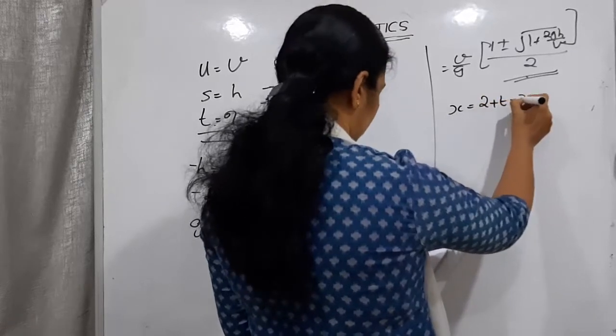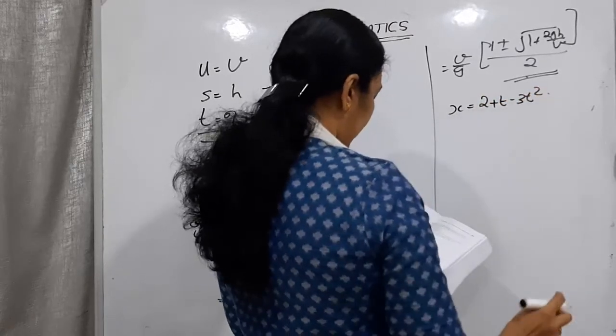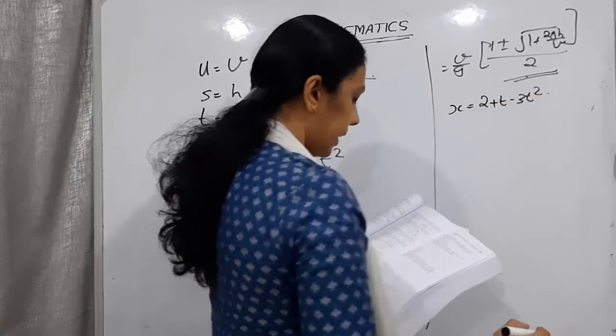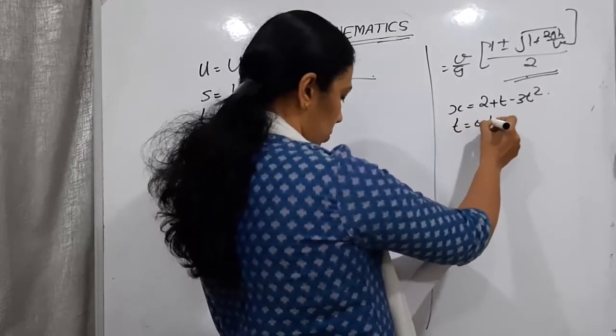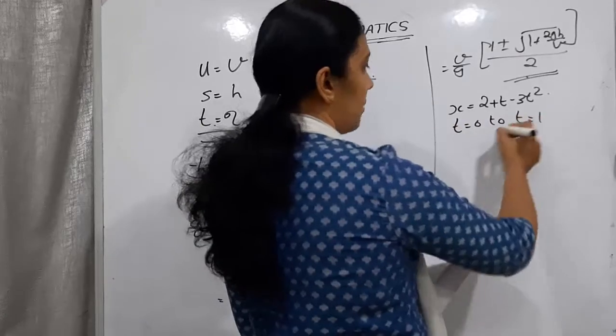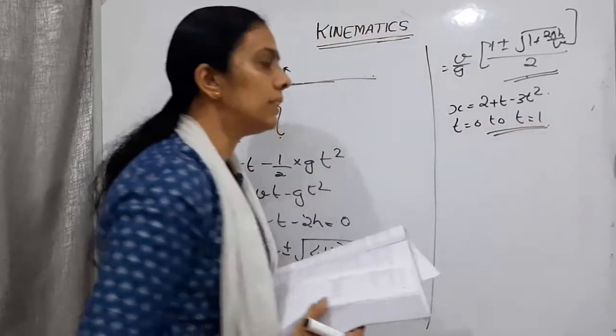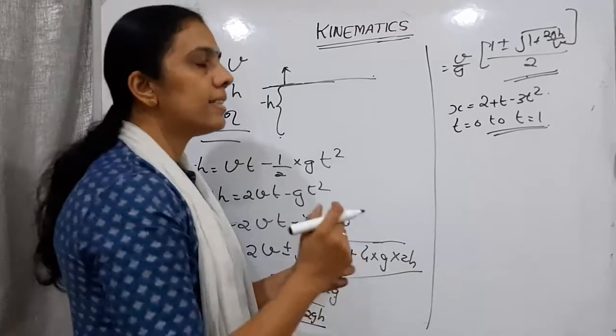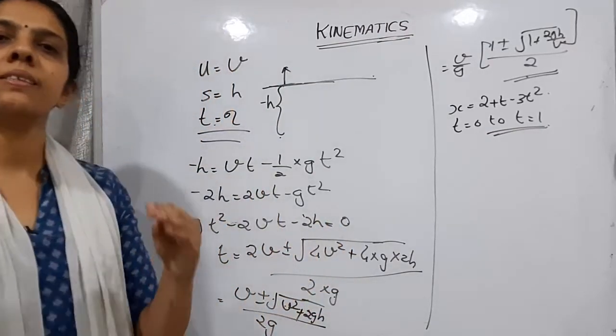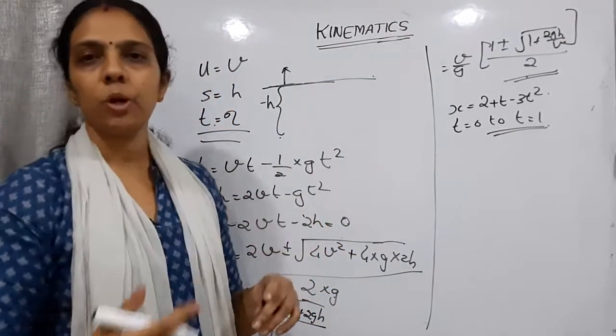Next one, the position of a particle along x-axis at time t is given by x equals 2 plus t minus 3t square. The displacement and the distance travelled in the interval of time t equals 0 to t equals 1 are? So we need to find out the distance and displacement. Position is given. We did many such problems.